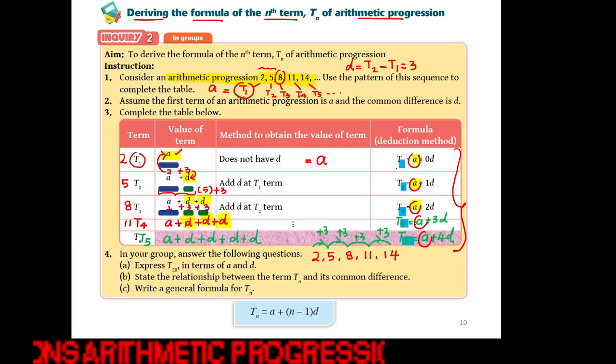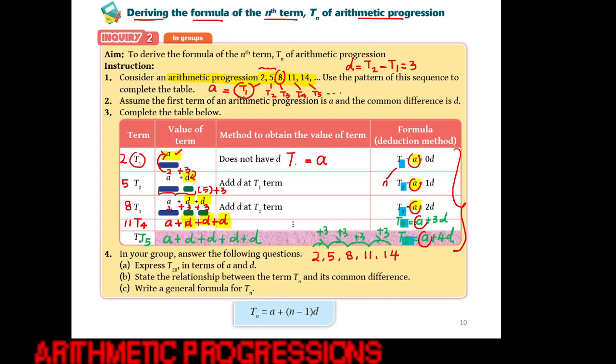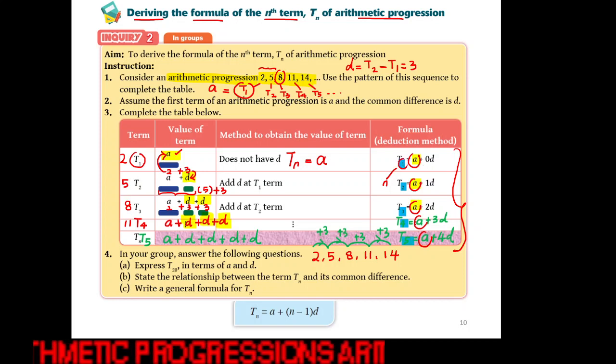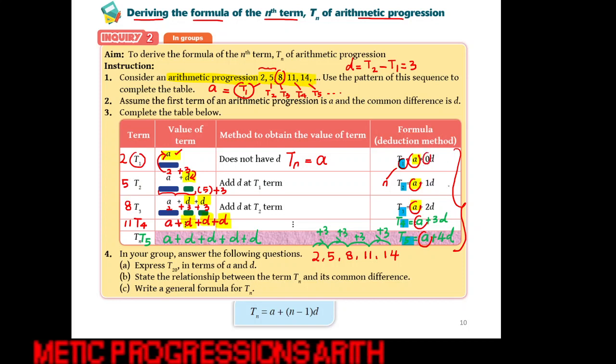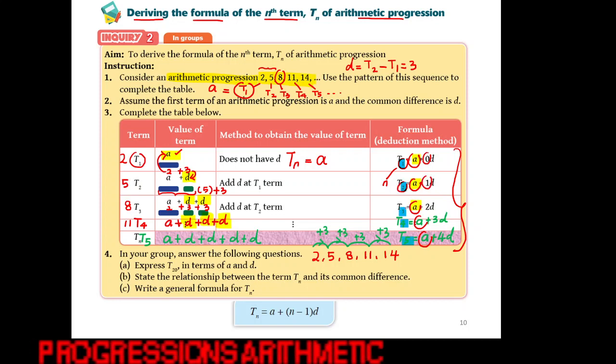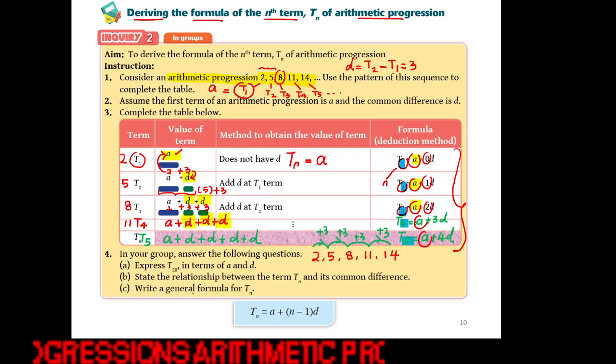So if I substitute this by an n, I shall get a Tn here. So when we look at the relationship between this one and this one, and also this one and this one, and also this one with this one, what can you see?